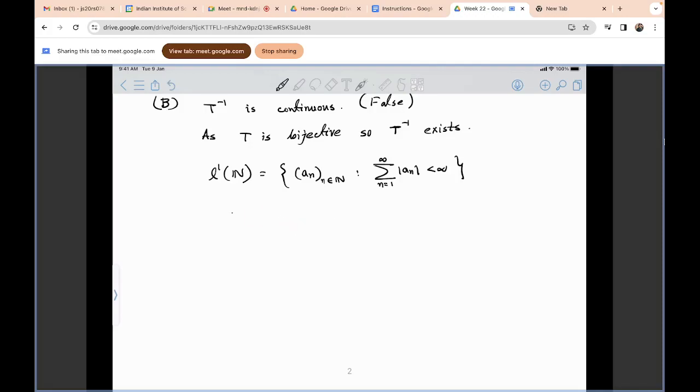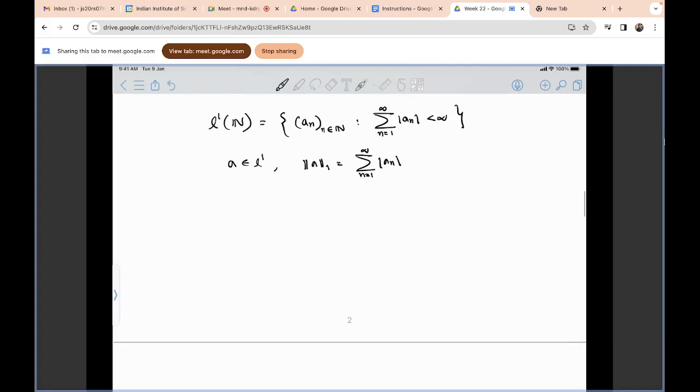If A is in L1, we define the L1 norm of A to be the sum from n equals 1 to infinity of mod a_n. Now define X. We take X to be L1 with the L1 norm.